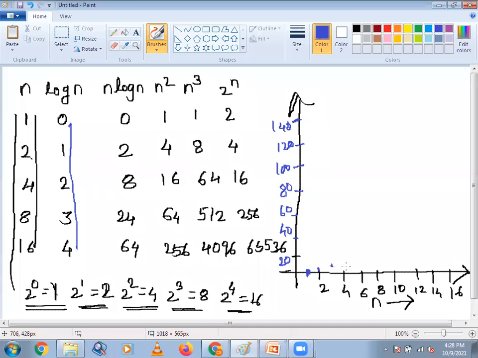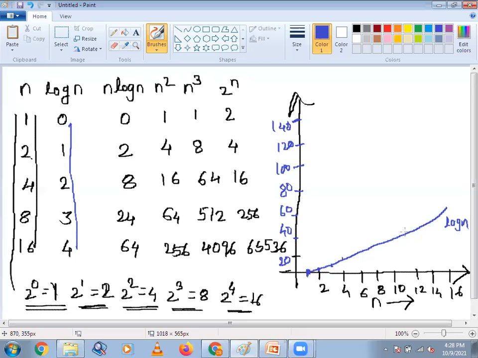N is equal to 4, it shows 16. That is, the graph of these goes like this. This is log n.